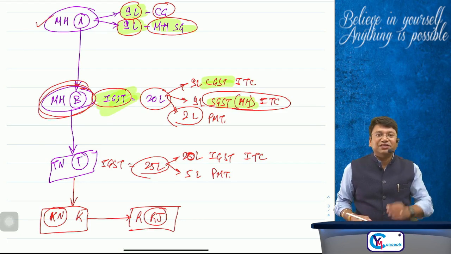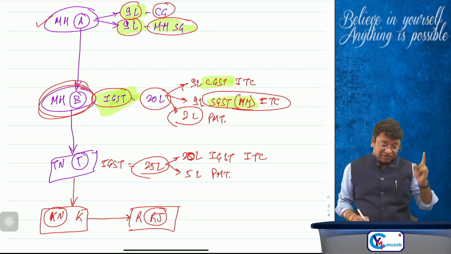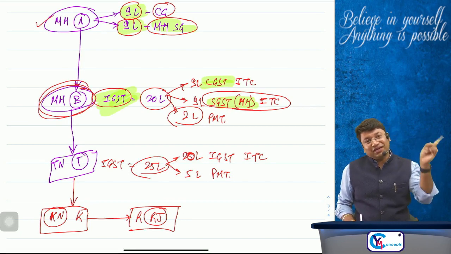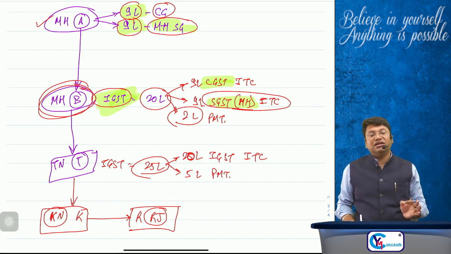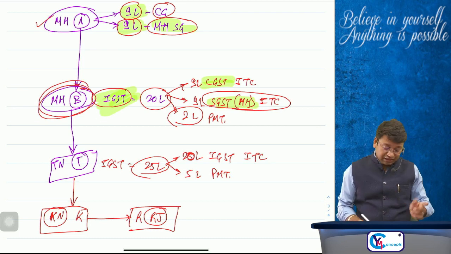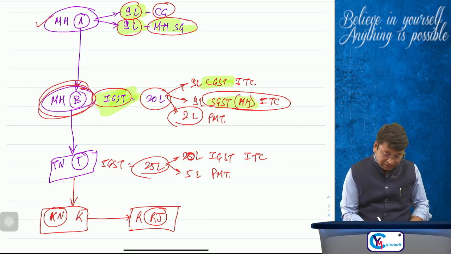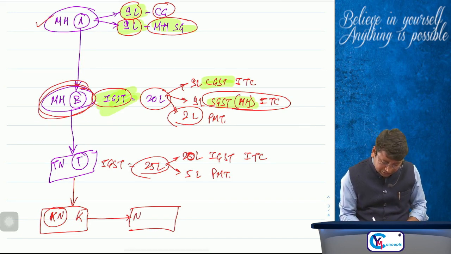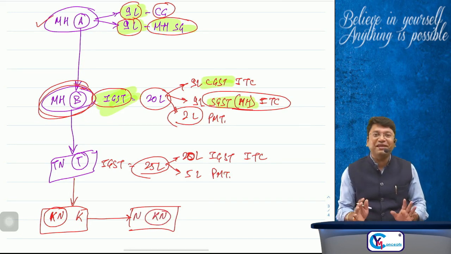Sir, Mr. K of Karnataka sold the goods from Karnataka to Rajasthan, and the goods are now in Rajasthan. Sir, again he will charge IGST. Okay, I'll tell you the example. I'll give a more simplified example. Suppose he has sold the goods to Mr. N of Karnataka only.